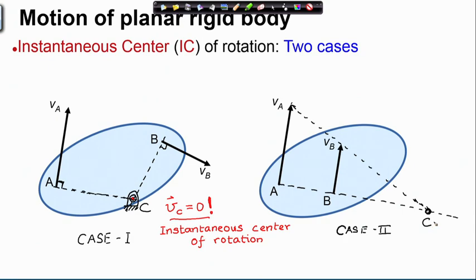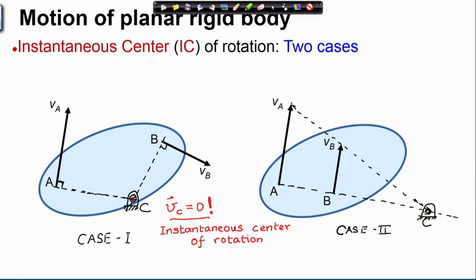this point is C, and you may assume that this point is hinged. This is the instantaneous center of rotation when the velocity distribution of 2 points A and B are as shown in case 2.